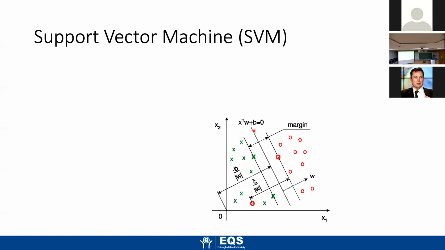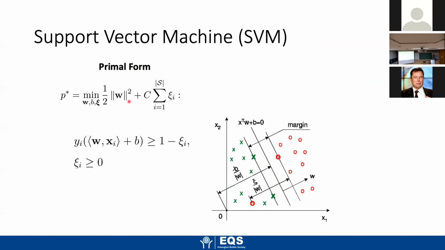And for that we should set up an optimization problem. This part is the inverse of the scalar module, which we want to maximize. And C is the error, how far the data is away from this.